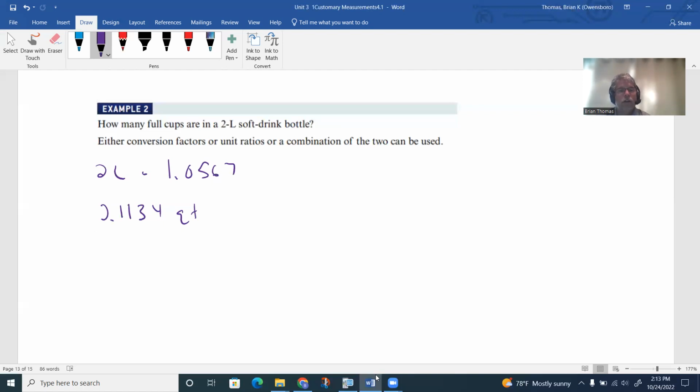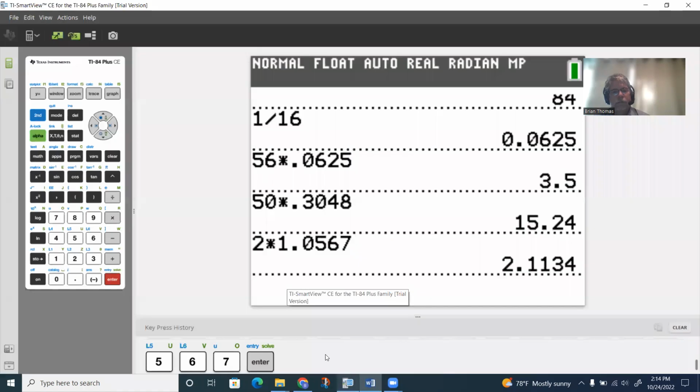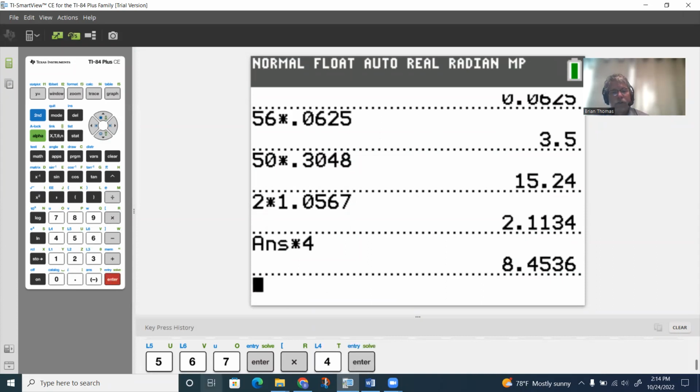Then I still have to convert quarts to cups. Remember, with Gallon Man, there are 4 cups for each quart. Since I'm converting to cups, we have 4 cups per 1 quart, so that's how my quarts divide out. If I multiply 2.1134 times 4, we get 8.4536.